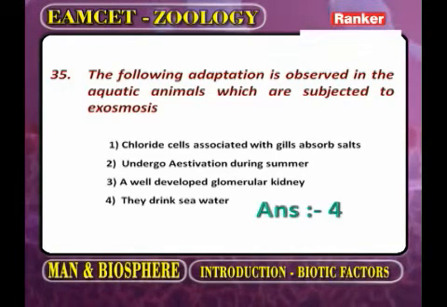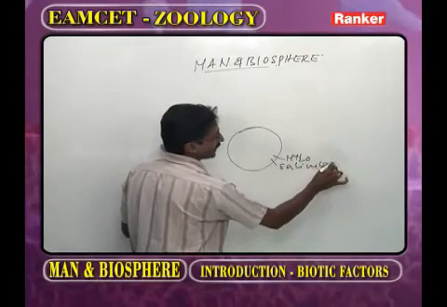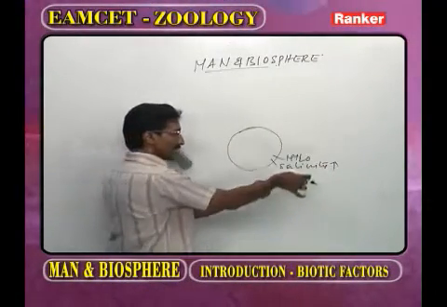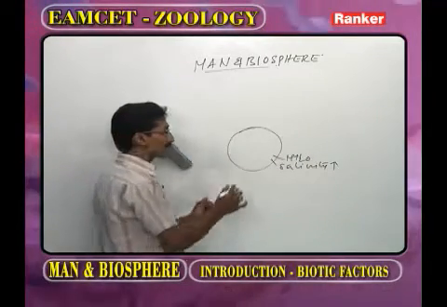The following adaptation is observed in the aquatic animals which are subjected to exosmosis. Now, this is marine water. We know very well that in marine water, the salinity is more. The arrow mark indicates that in marine water the salinity is more.